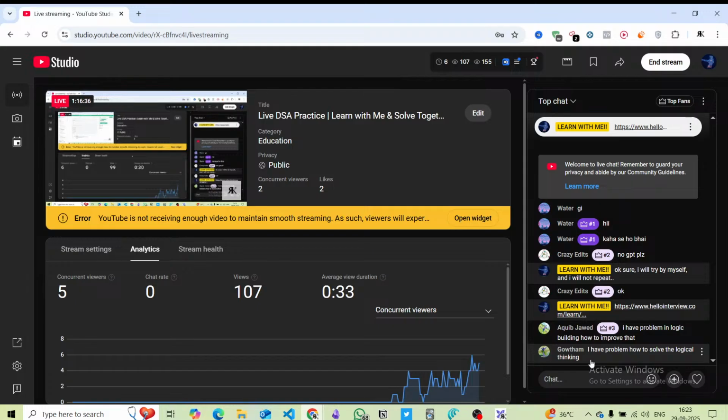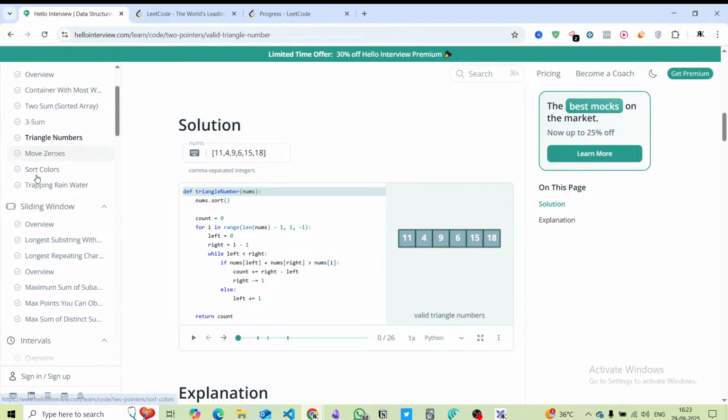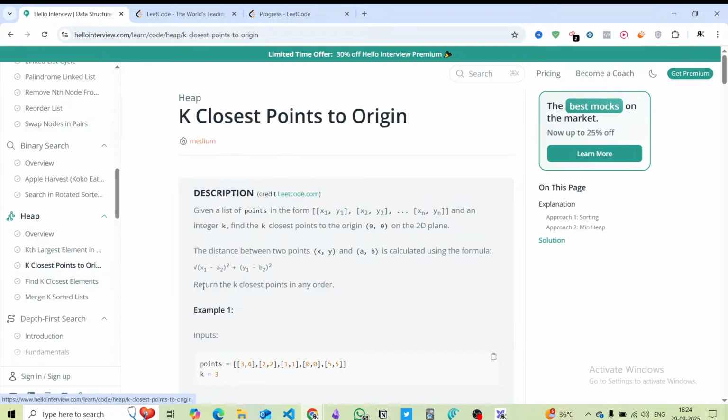Guys, again, there is another guy asking about logical thinking. The real truth is that we are not able to think newly. Let's say I take some random problem, like the kth closest point.